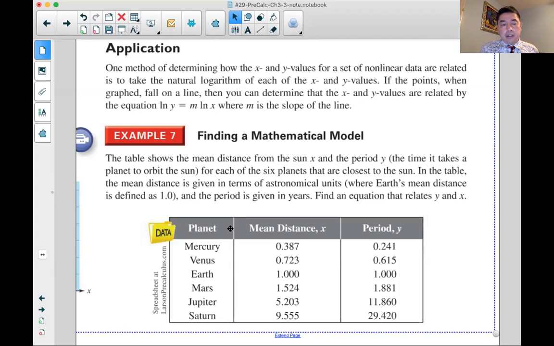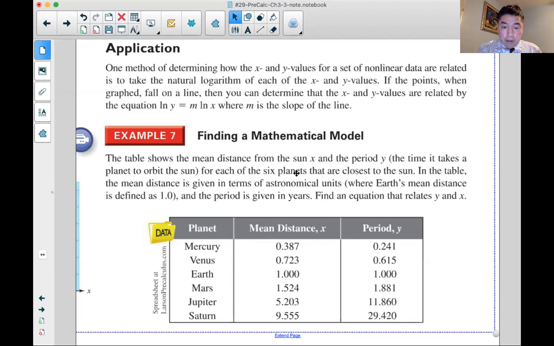So let's think about this using example 7, finding a mathematical model. The table shows the mean distance from the sun, x, and the period y, which is the time it takes a planet to orbit the sun. Look at Earth: the mean distance is 1, and the orbit is 1, which is 1 year to go around the sun. If you're on Jupiter or Mars, it's going to be a different orbit.